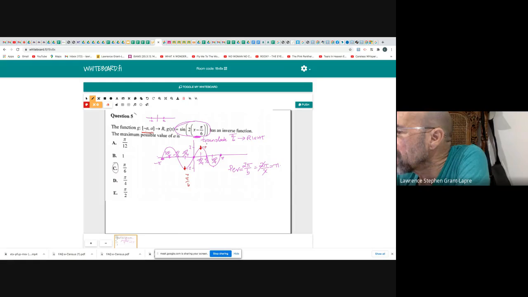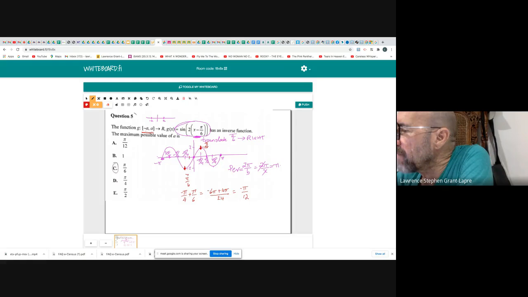and this is going to slide across by pi over 6. So our turning points are going to become negative 4 pi over 24, negative pi over 12, negative 2 pi over 24.